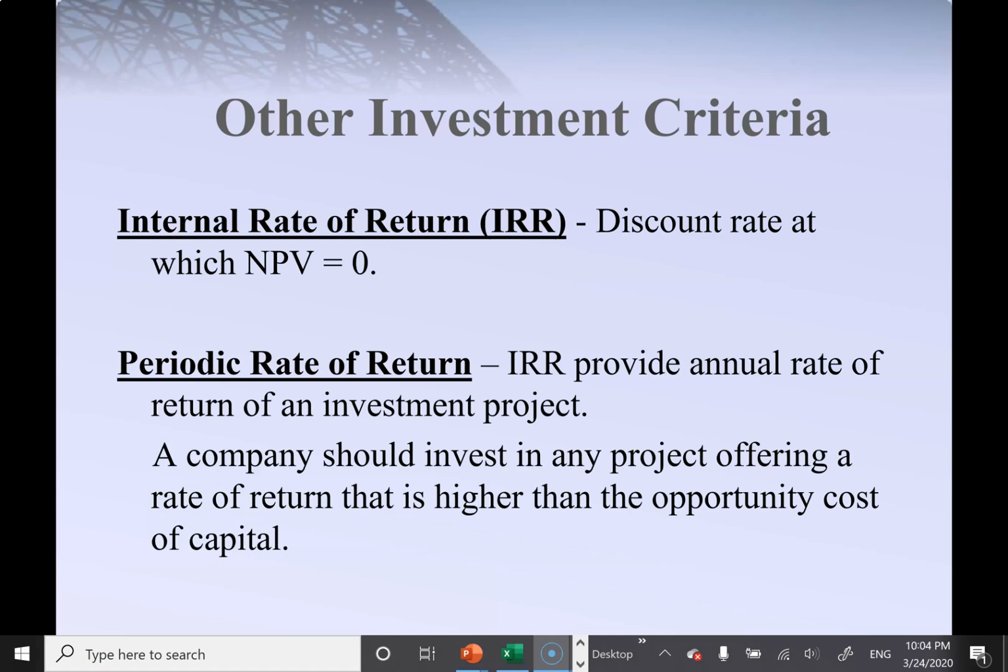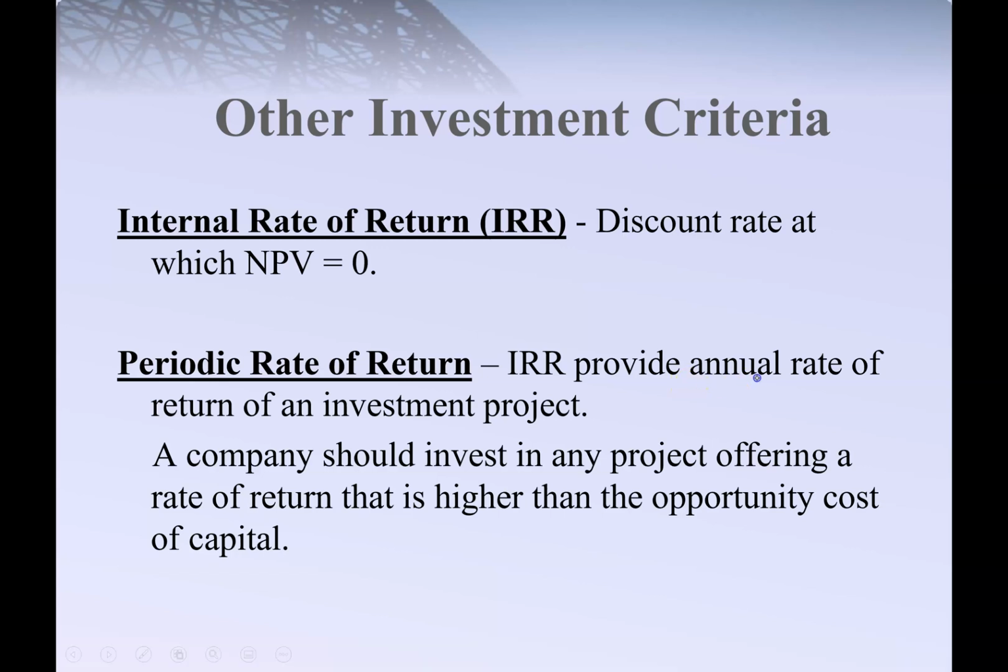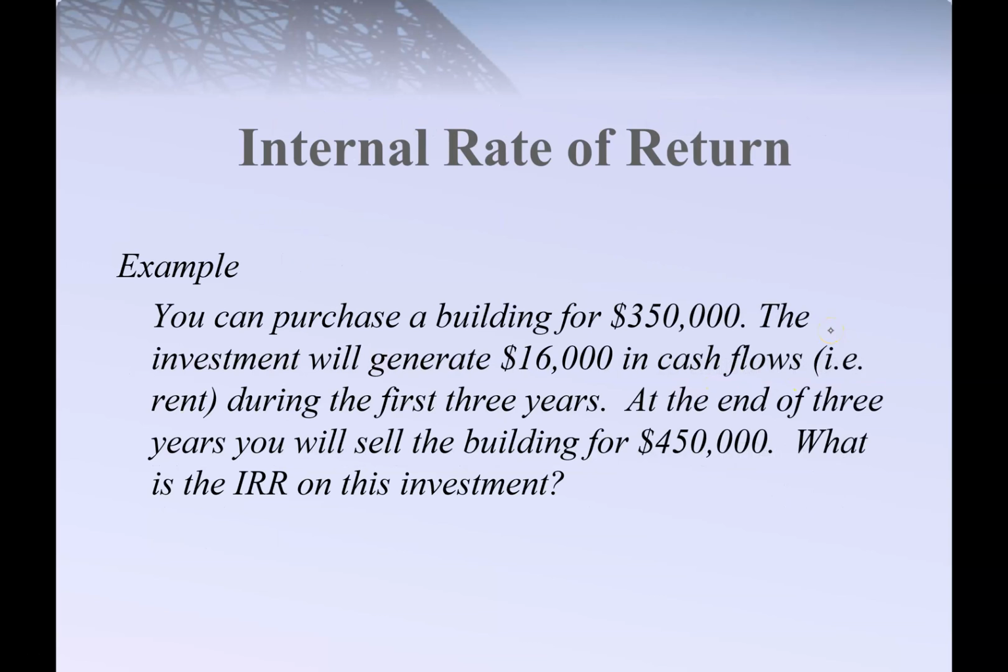And we use the internal rate of return because it tells us the periodic rate of return of any investment project. So in many cases, when you have annual cash flows, internal rate of return provides the annual rate of return for an investment project. So let's review an example.